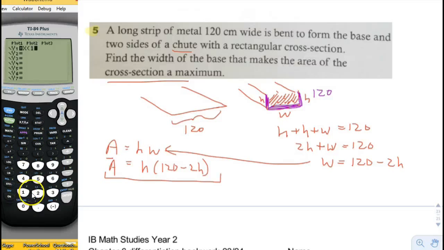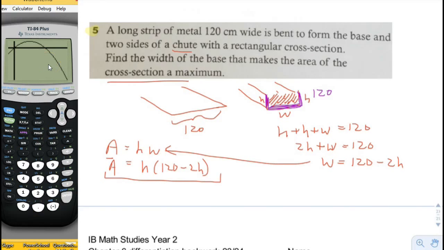And we'll put 120 minus 2h, or 2x. And then we'll graph it, and we'll get a quadratic. We can't see too much of it. Maybe we should do zoom fit, which is option 0. Oops. Zoom, option 0, and there it is.